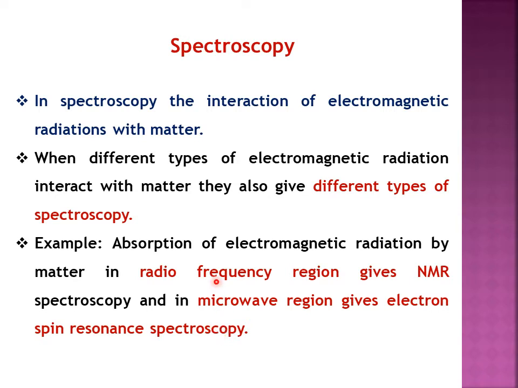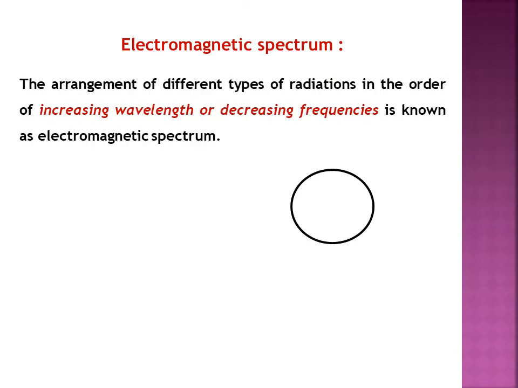So we have to see the regions of electromagnetic radiation right from cosmic rays to radio waves. The arrangement of different types of radiation in the order of increasing wavelength or decreasing frequency is known as the electromagnetic spectrum.